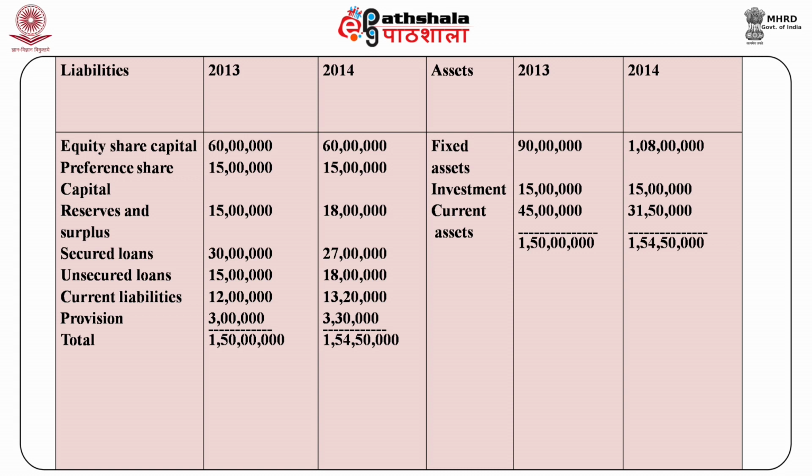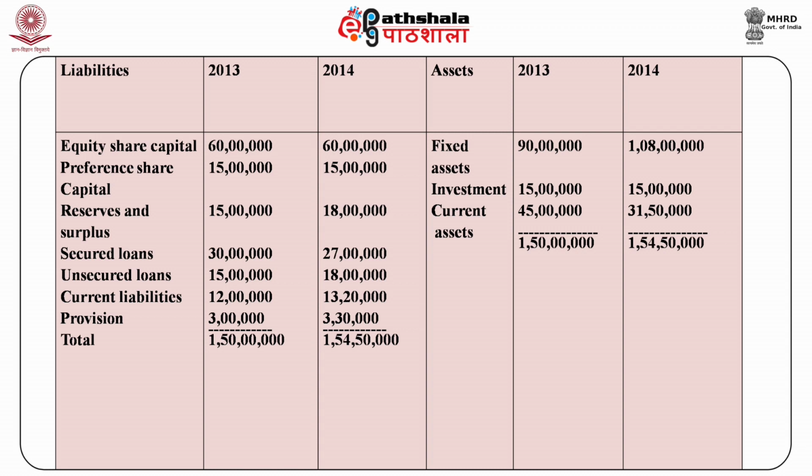The amounts for equity share capital for the year 2013 it is 60 lakh. For preference share capital it is 15 lakh. For reserves and surpluses it is 15 lakh.